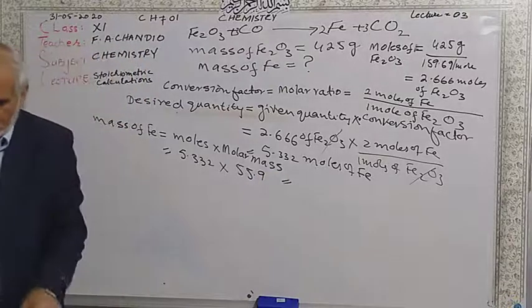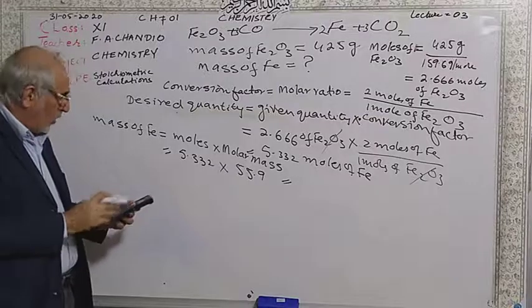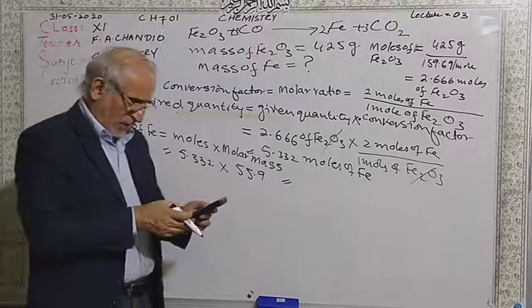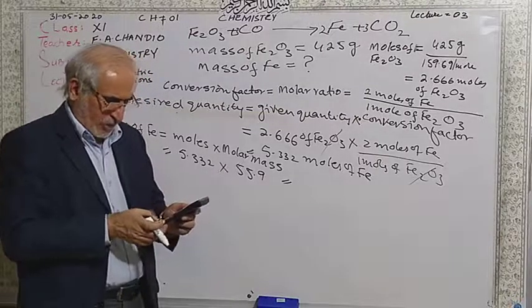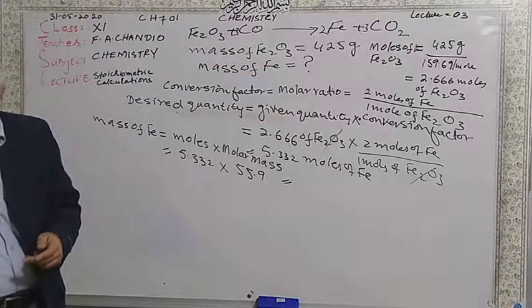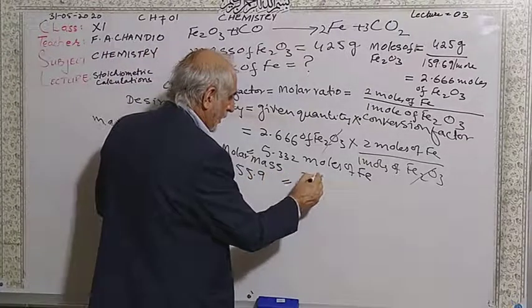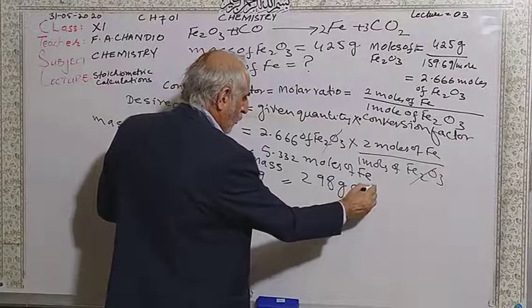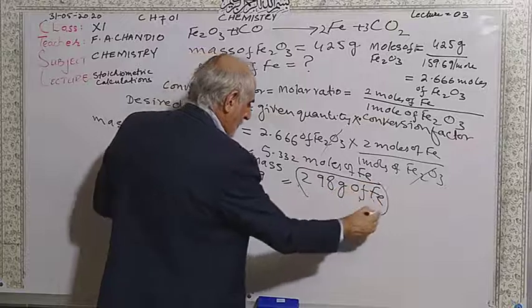If you multiply 5.332 by 55.9, or 56, your answer is 298 grams of iron. This is your answer.